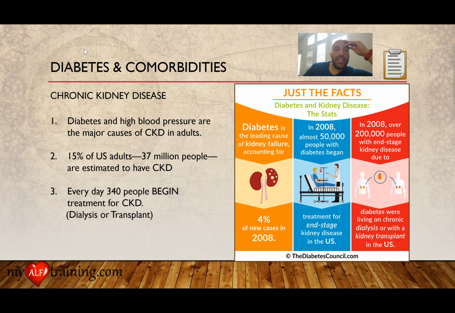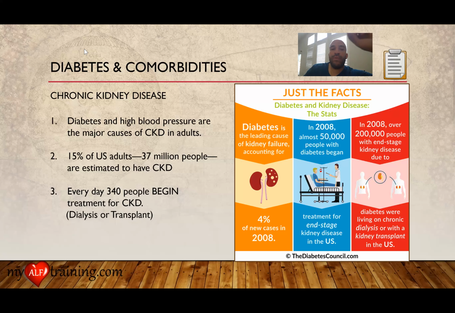Let's see, diabetes and high blood pressure are the major causes of chronic kidney disease in adults. 15%, 37 million adults are estimated to have chronic kidney disease. And every day, 340 people begin treatment.